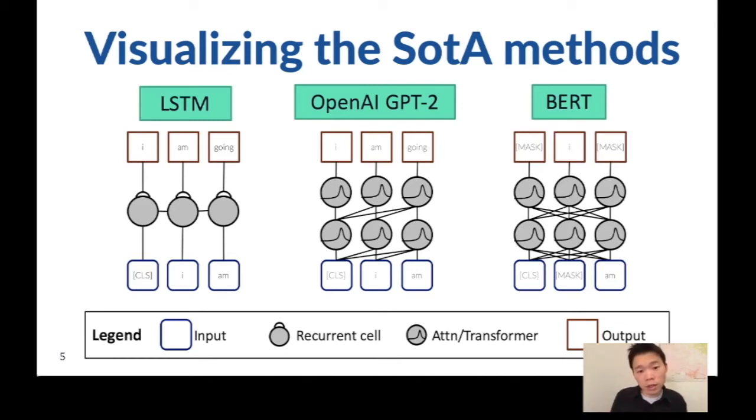And the highest performing state-of-the-art method nowadays for a lot of downstream tasks is BERT. Here, they made a different assumption. Instead of only attending to things in the past, it also allows you to attend to things in the future. So it's not how human language works.